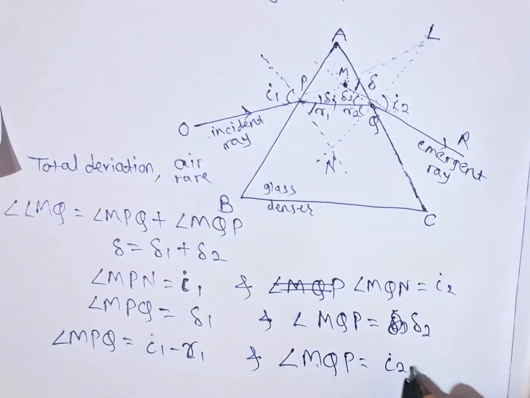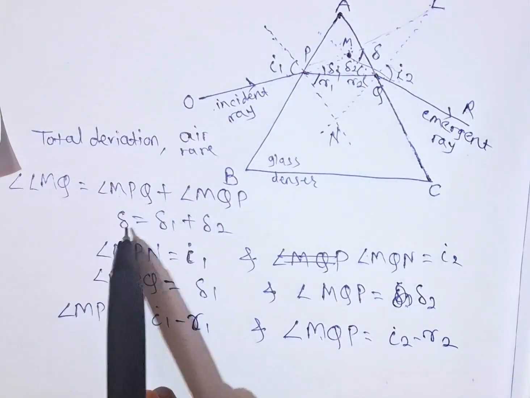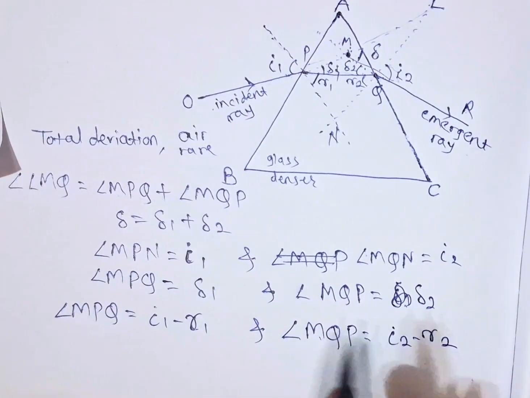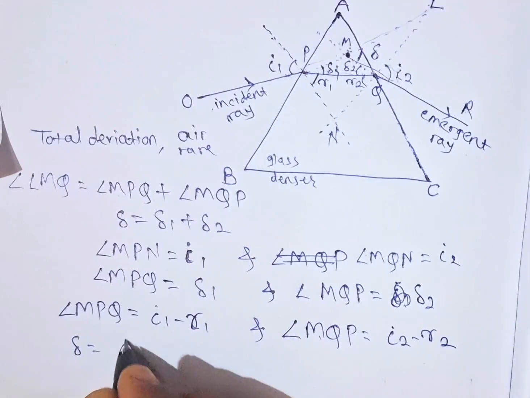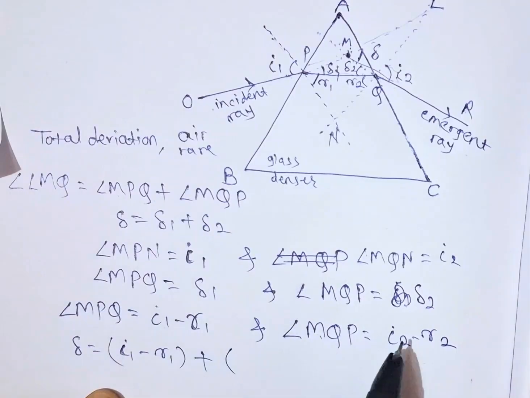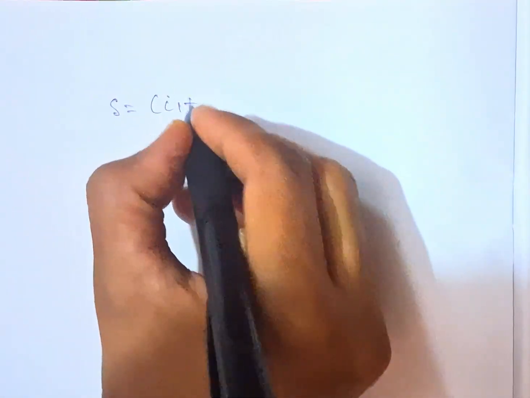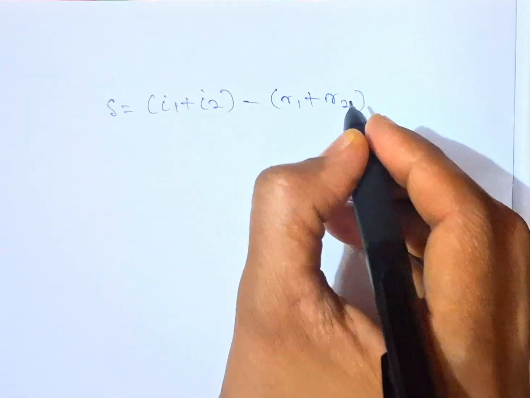Now putting in the values, delta equals delta 1, whose value is I1 minus R1, plus delta 2, whose value is I2 minus R2. Now delta becomes I1 plus I2 minus (R1 plus R2).